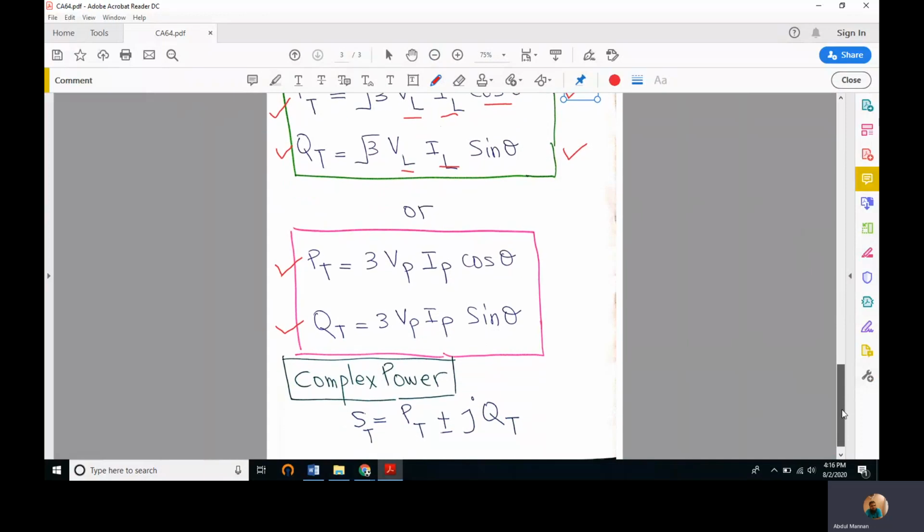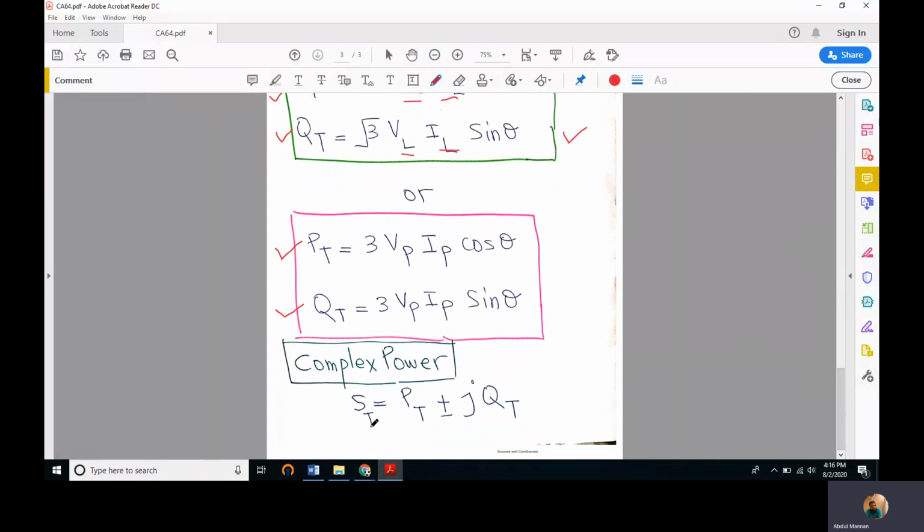And finally, the complex power. We already know that for a single phase, the complex power is the average power plus or minus j times the reactive power. Even for three phase, the total complex power would be the total average power plus or minus j times the total reactive power. This is the rectangular form of the complex number. The same complex number can also be written in polar form.